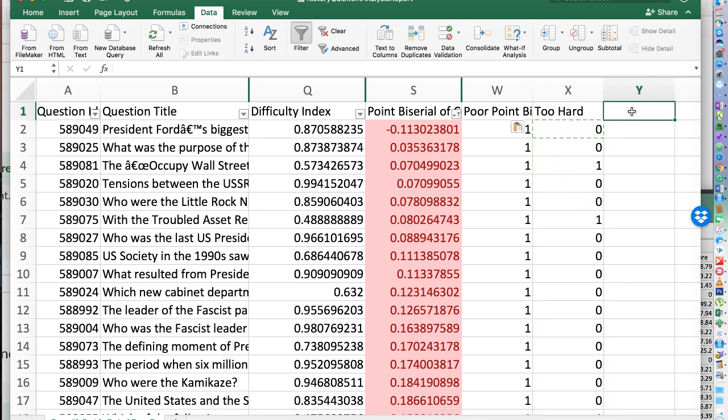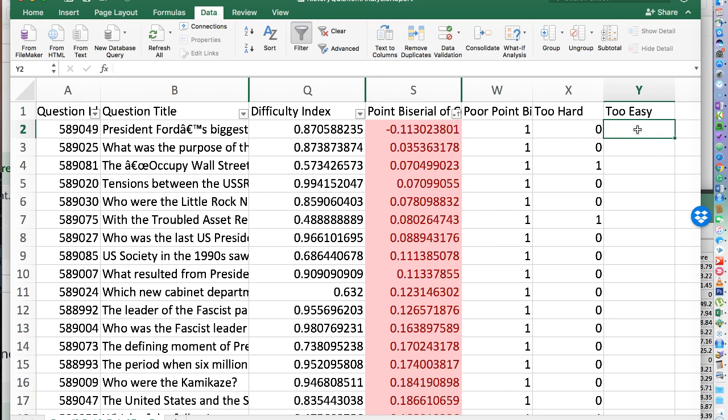Now another thing would be, is it too easy? There is no number that I've read about that says it's too easy. So really you might just want to say, okay, if you have a point biserial, what might be an indicator that it's too easy?